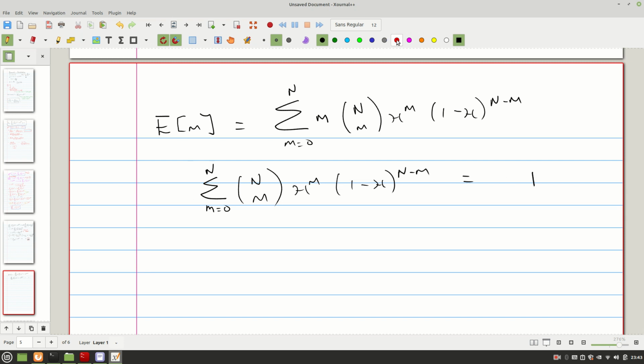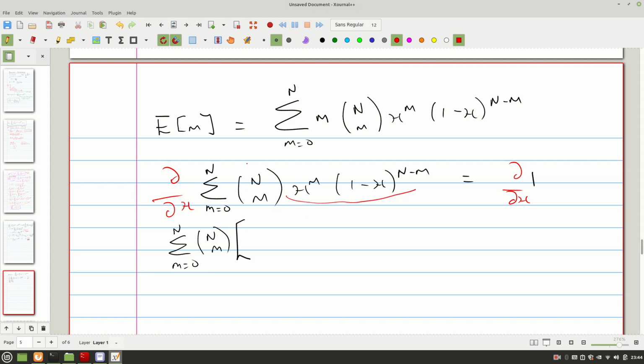So what will aid us in finding the expectation is taking the derivative with respect to mu on both sides. Right, so we take the derivative with respect to mu here and the derivative with respect to mu on the other side. Obviously that side value should be 0, and on this side what we end up with is the summation from m equals 0 up to n of n choose m, by the derivative of this term.